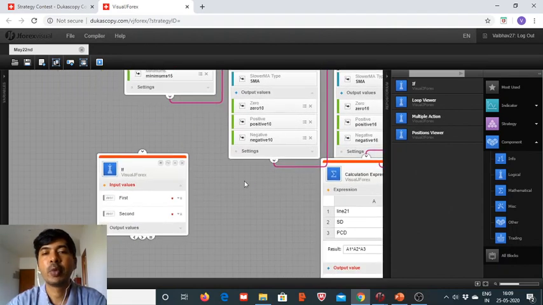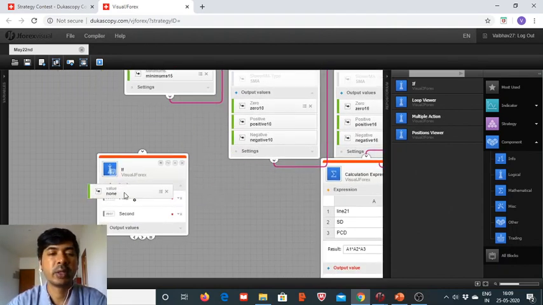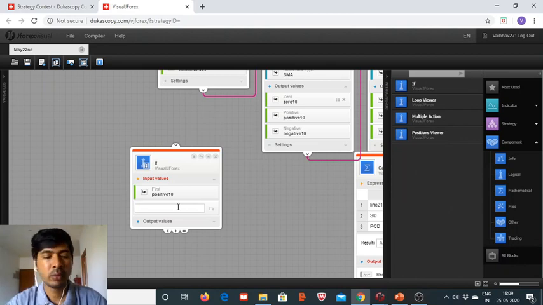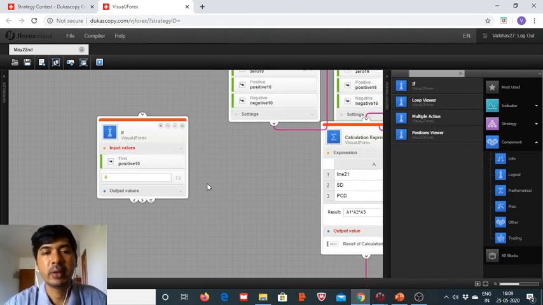For buy trade to happen, this should be in the positive territory and it should be above 0. Of course, any positive number is above 0, but then it might even be equal to 0, or if there is no output, then it is equal to 0. So we have to state it explicitly.